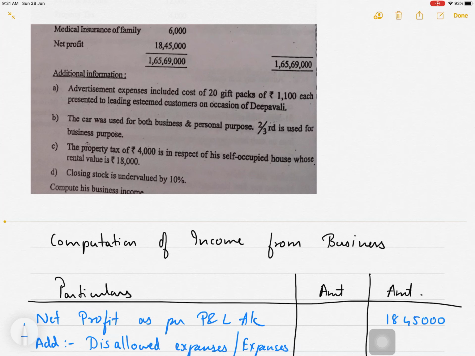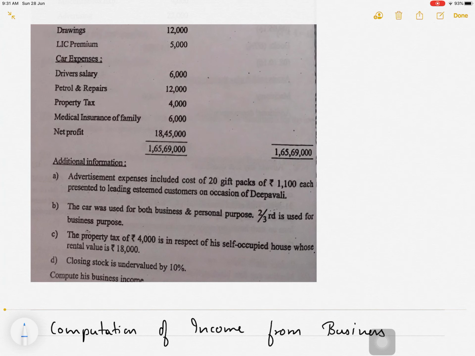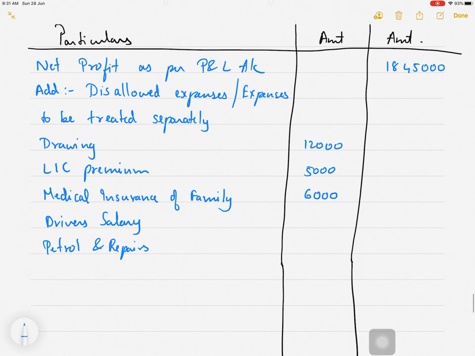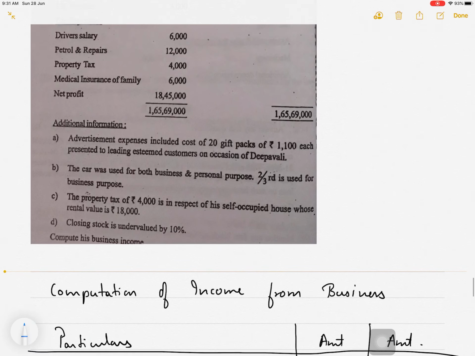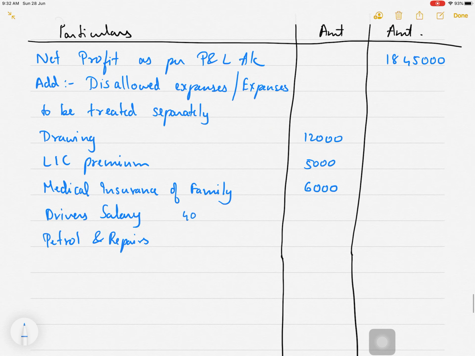Okay. Now car was used for both business and personal purpose. 2/3 is used for business purpose. That means 1/3 is used for personal purpose. So personal expenses, which is car expenses, driver salary, petrol and repairs. So these are personal expenses, correct?